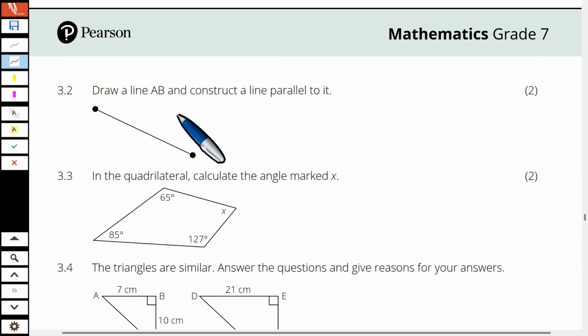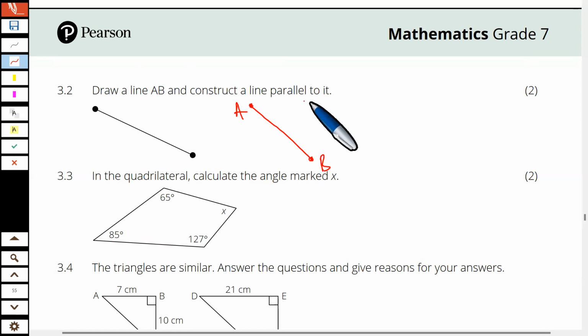Next, draw a line AB and construct a line parallel to it in 3.2. So obviously that one, because it's easy, just drawing, you draw a line here like this. Call it AB.